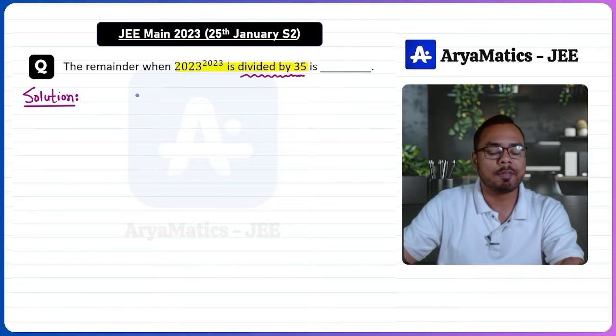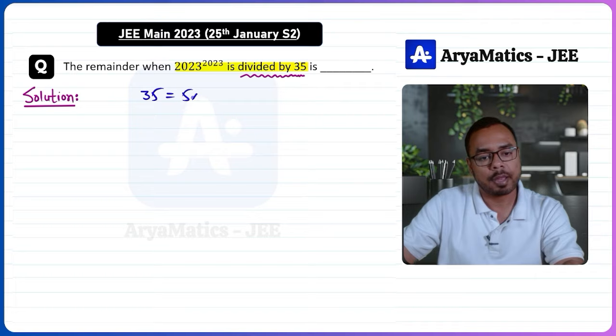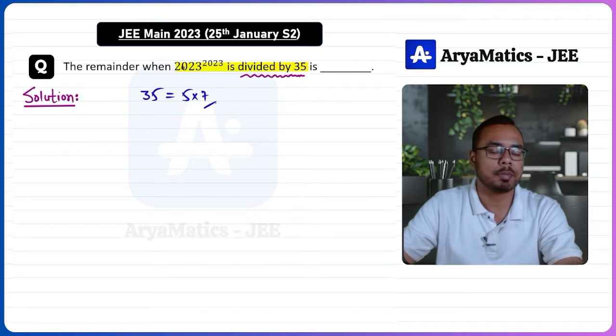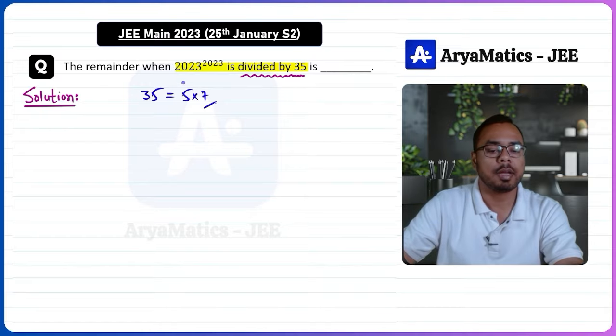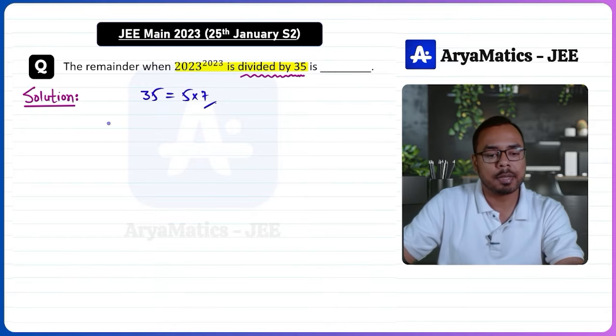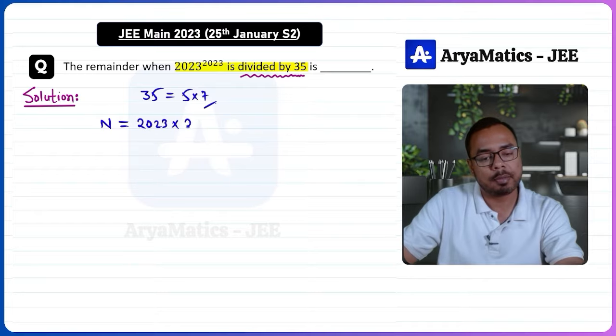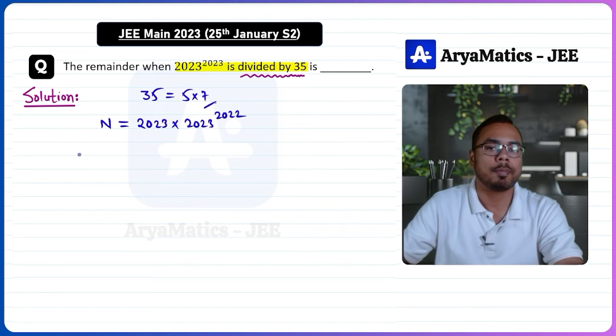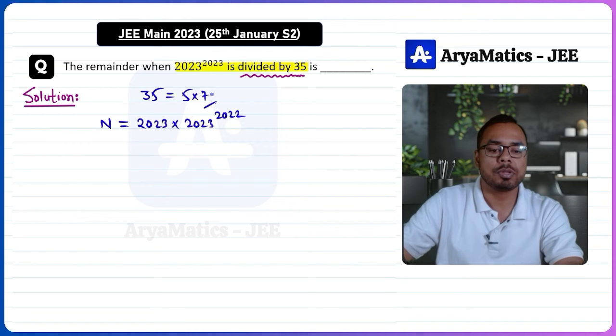First of all, 35 is 5 into 7, and 2023 is a multiple of 7, right? So let us say this number is n. We can write n as 2023 multiplied by 2023 raised to 2022. Why am I separating one 2023?